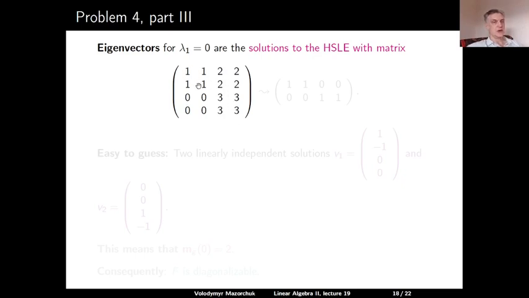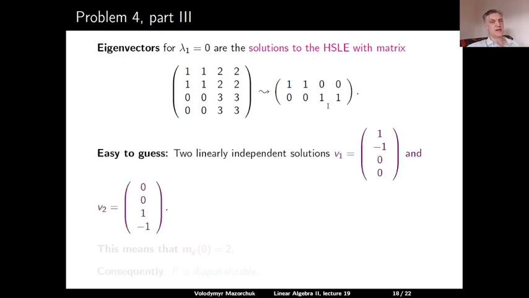So here rows 1 and 2 are the same, so we delete row 1. Rows 3 and 4 are the same, we delete row 4. And then we will get a matrix, so if we divide here by 3 and then kill this 2, 2 in the first row, we will get the matrix 1, 1, 0, 0, 0, 0, 1, 1. So this has rank 2, so we will have 4 minus 2, two linearly independent solutions.